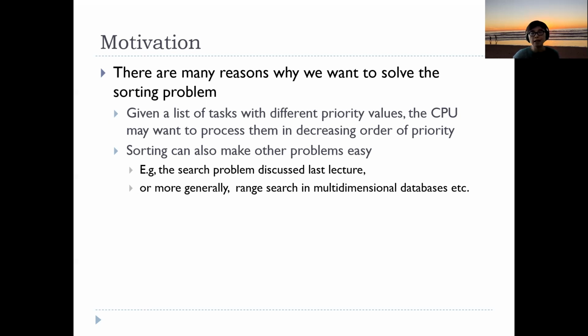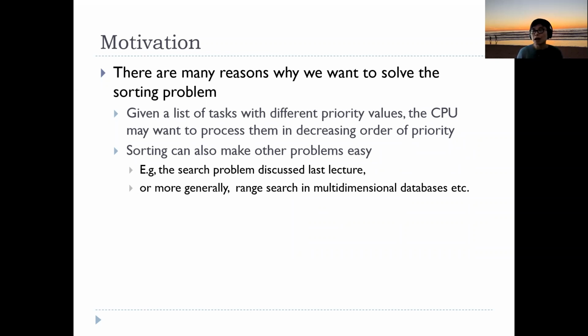It could be that we're given a list of tasks with different priority importance values, and your CPU may want to process them from most to least important. You want to solve those with high importance first. In this case, you want to sort the array based on their priority score from large to small. Or, as we already saw last time, sorting sometimes can make other problems easier.